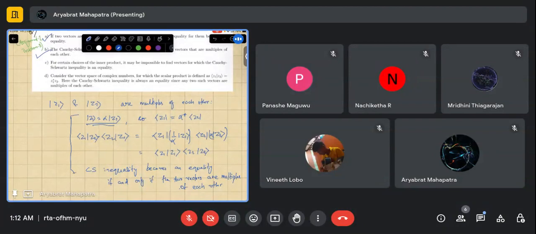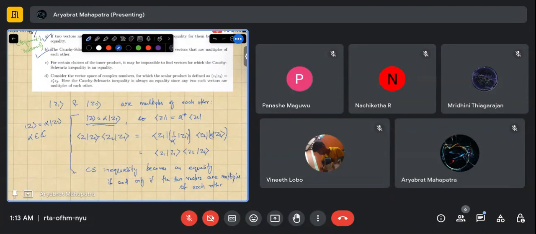Sorry, these are not numbers; these are vectors, and this alpha is in C. That is what statement D is telling.